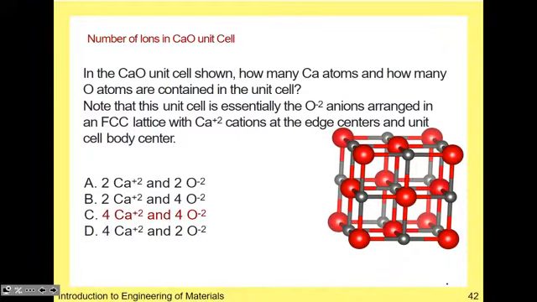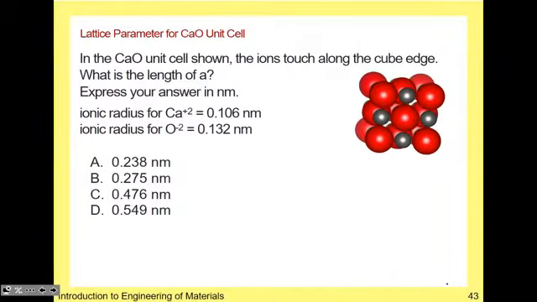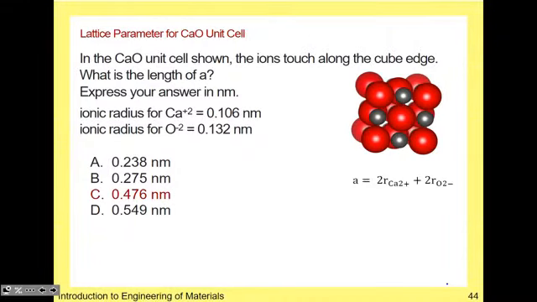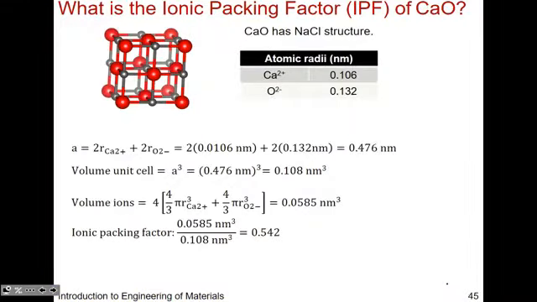Okay. I am trying to keep us on track. So I will go through the ionic packing factor of calcium oxide, which also has the sodium chloride structure. So similarly to atomic packing factors, for ceramic systems where you have ionic, we call it the ionic packing factor. And as I've said, the ionic radii are different for the calcium 2+ versus the oxygen 2-.